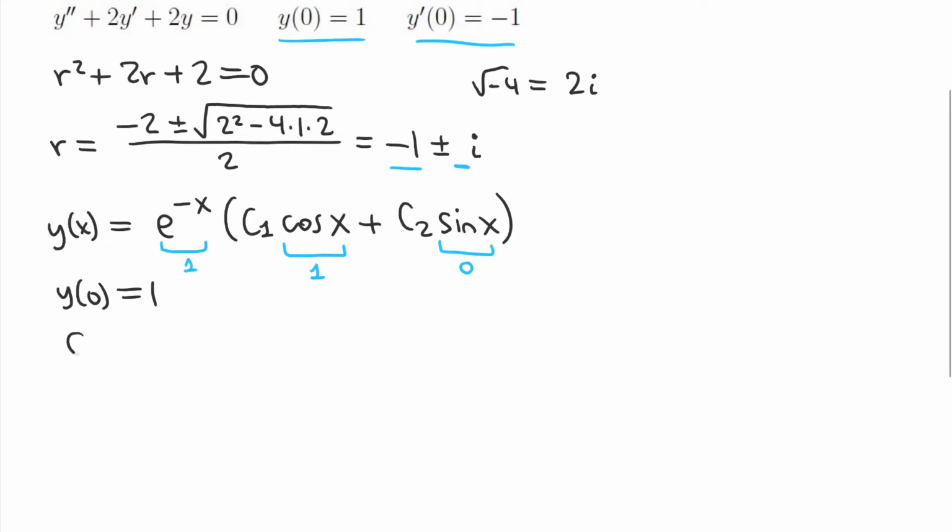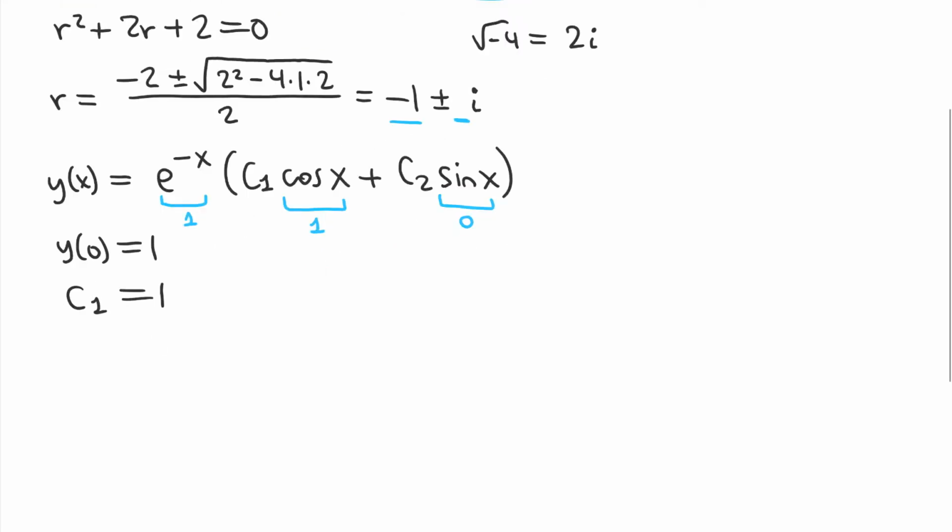So that's just c1 is equal to 1. And so this actually gives us, right, it doesn't even have c2 involved because the sine term gets canceled out. And so in other words, we can actually rewrite our general solution like this: e to the negative x times cosine of x plus c2 sine of x.